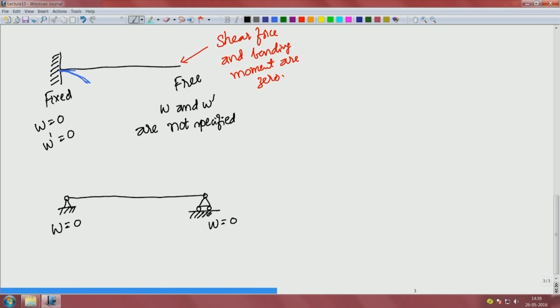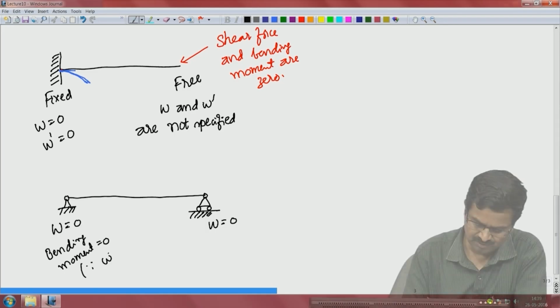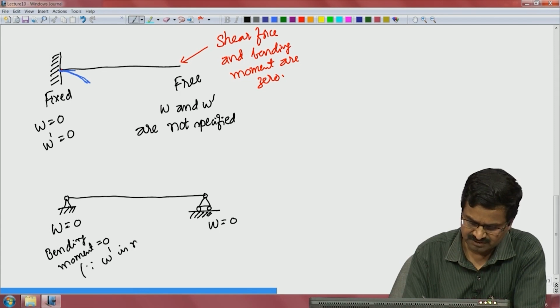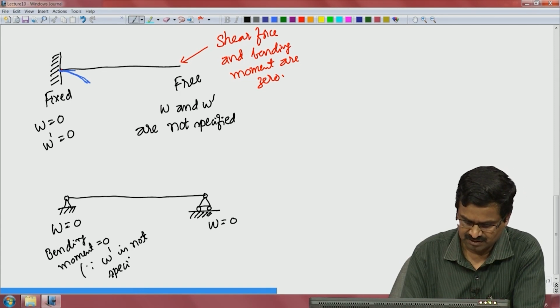What this automatically means is that since W prime is not specified, the bending moment here is 0. Bending moment is equal to 0 because W prime is not specified. Okay.